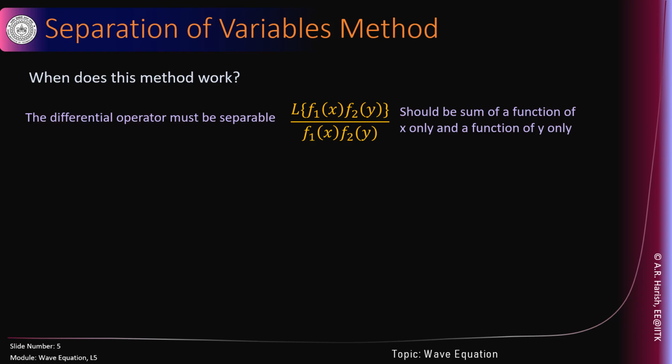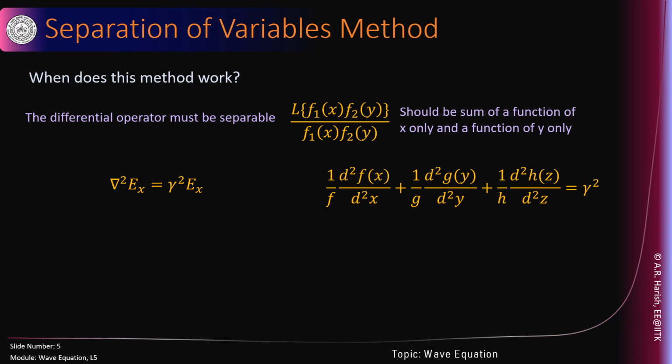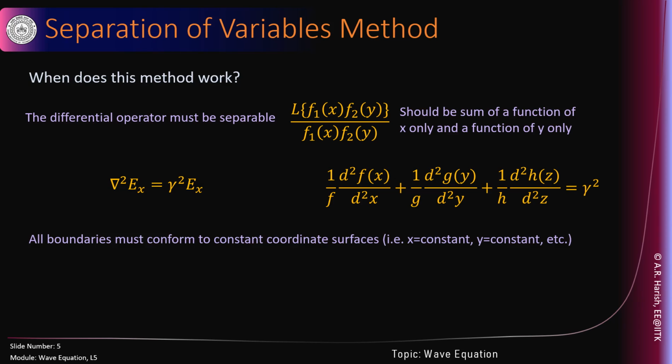That means if L is a differential operator, L of f1x f2y upon f1x f2y should be the sum of a function of x only plus a function of y only. That's what we saw just now. This operator del square Ex equal to gamma square Ex could be separated into a function of x plus a function of y plus a function of z. This is the first requirement. There are two more requirements.